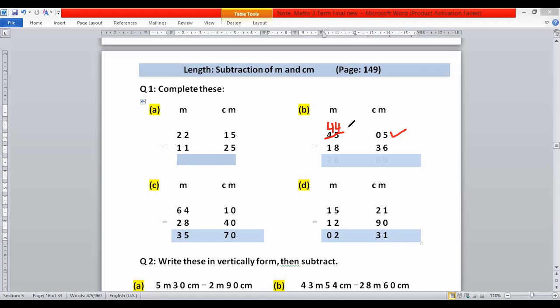So 1 meter, you cannot add 1 with 5 because we are taking 1 meter. You cannot add meter with centimeter. So you have to change 1 meter into centimeter first. You know that 1 meter equal to 100 centimeters. So you have to add 100 with 5.